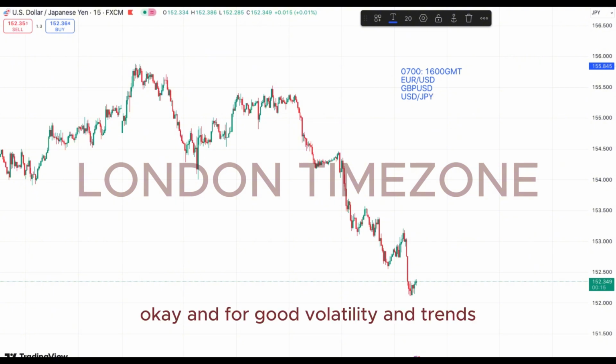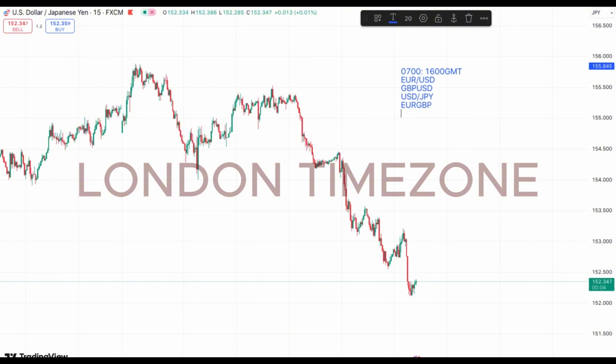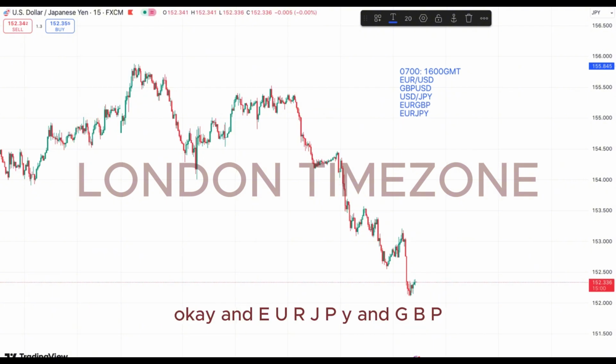And for good volatility and trend movements that have a clear chart, I would advise you to go for EURGBP, and EURJPY and GBPJPY.